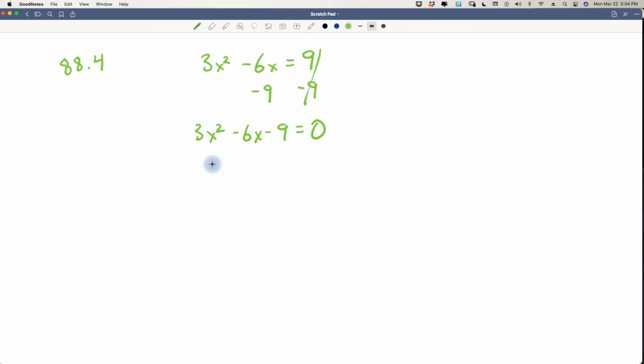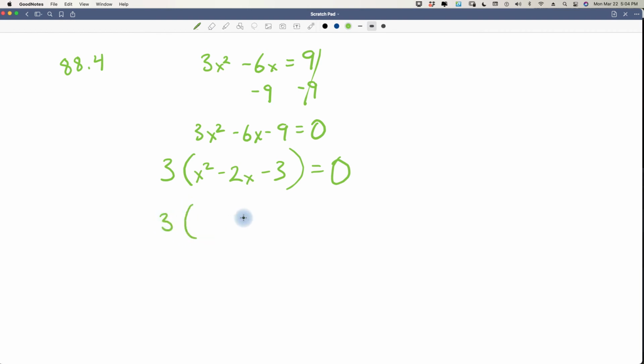Okay, so now we do this. Is there something else we can do? There is. We can pull 3 out of each one of these. So let's pull 3 out. So we have 3, so that leaves us with x squared minus 2x minus 3. We factored the greatest common factor out to start with.